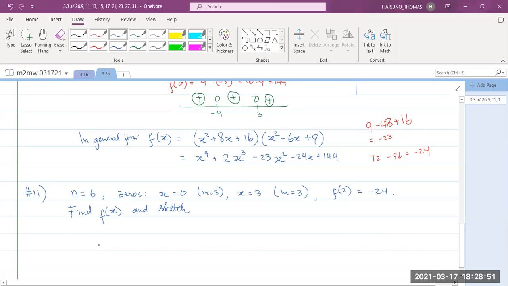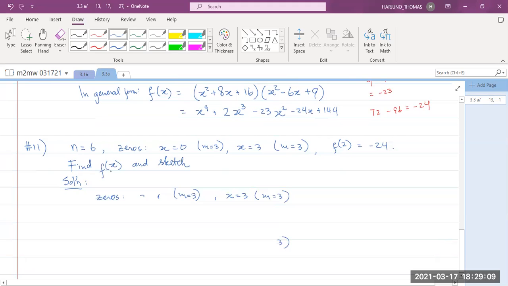We know the zeros are x equals 0 with multiplicity of 3 and x equals 3 with multiplicity of 3. So the factors are x cubed and (x minus 3) cubed.